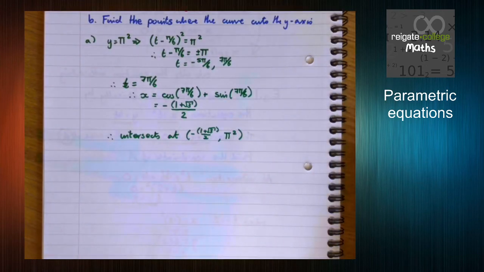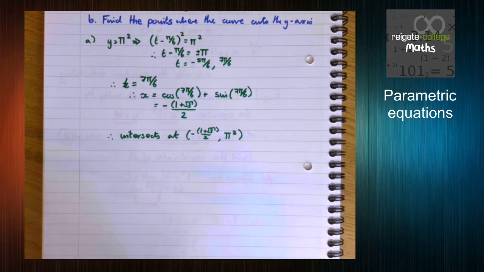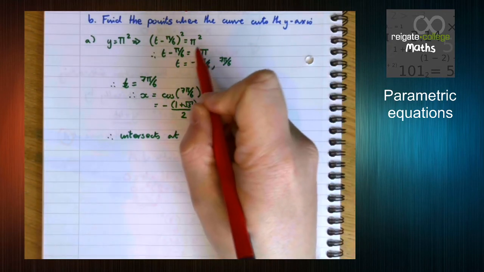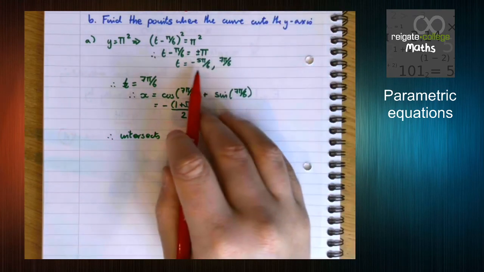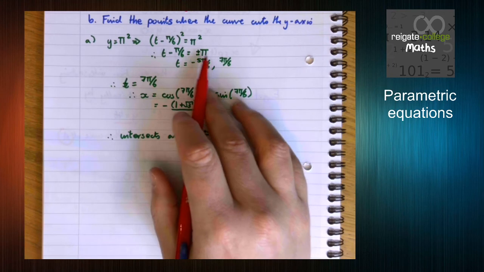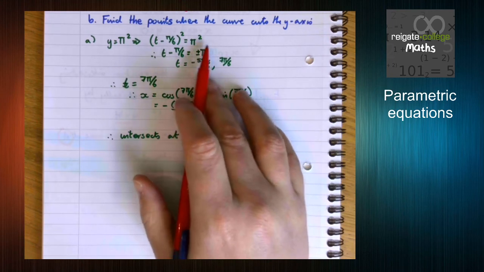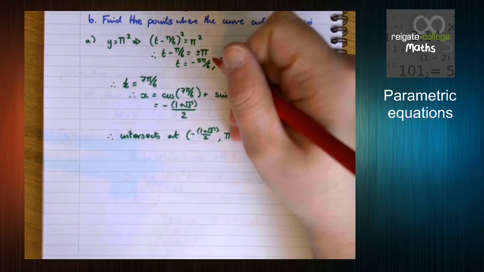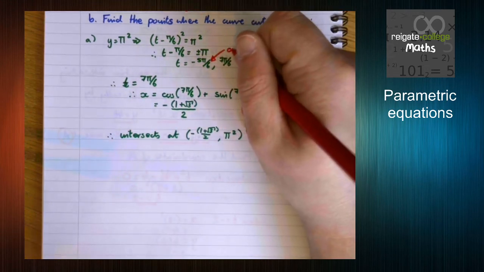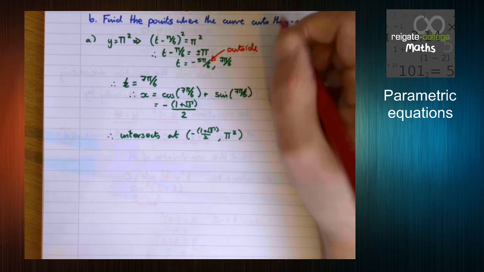So we can see here my answer to part A. A common thing that students are going to miss is this plus or minus. It's very important. Once we recognize the plus or minus, we get two values for t. But this one is outside the interval.